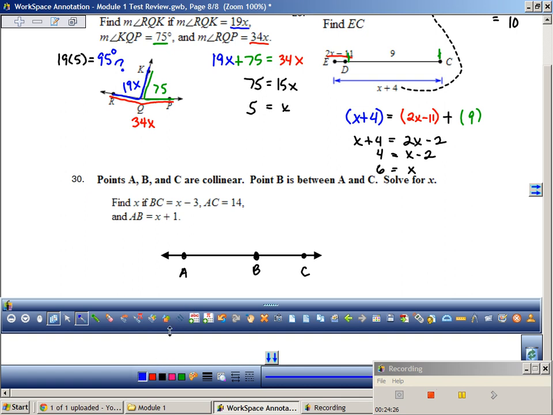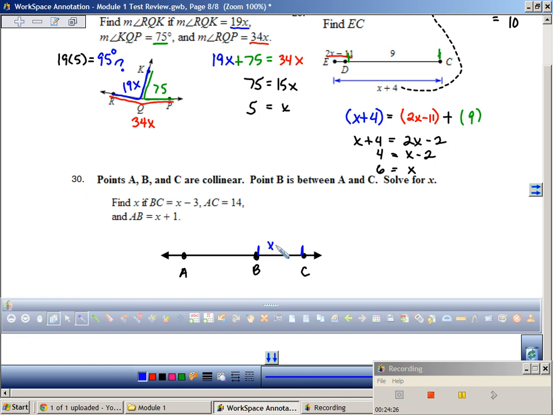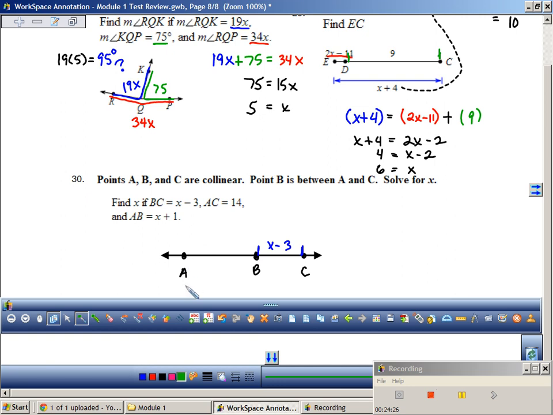So here's BC. We'll make that one blue. BC is x minus 3. AC is 14. That's the whole thing. AC is 14. That's what these lines mean. From the measure from here to here. And then AB is x plus 1.